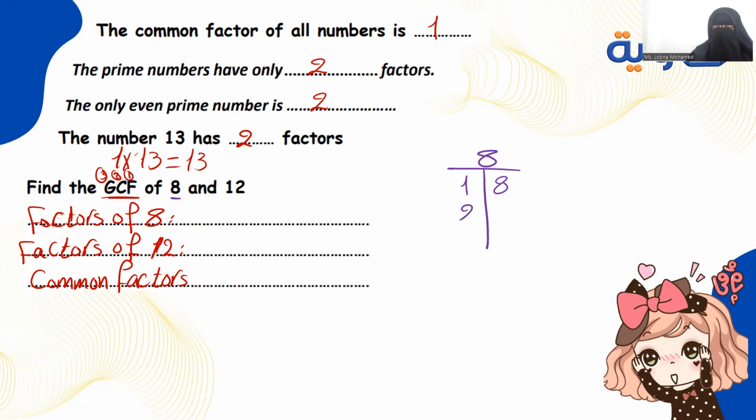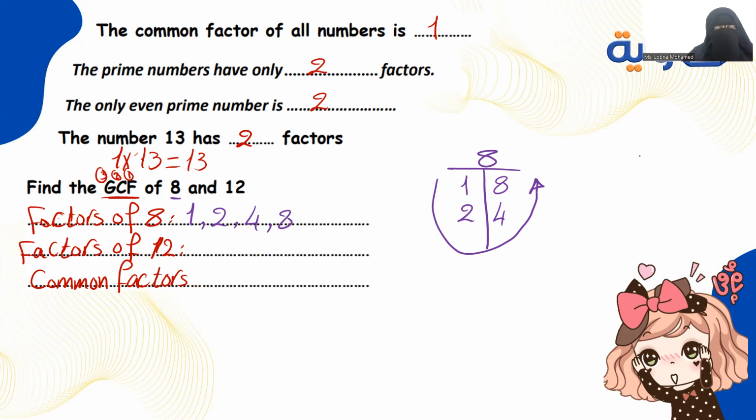After this, 2 times what equals 8? 2 times 4. Do you have another pair? I think not. So to write the factors of 8, just take a turn around this figure. So 1, 2, 4, and 8.